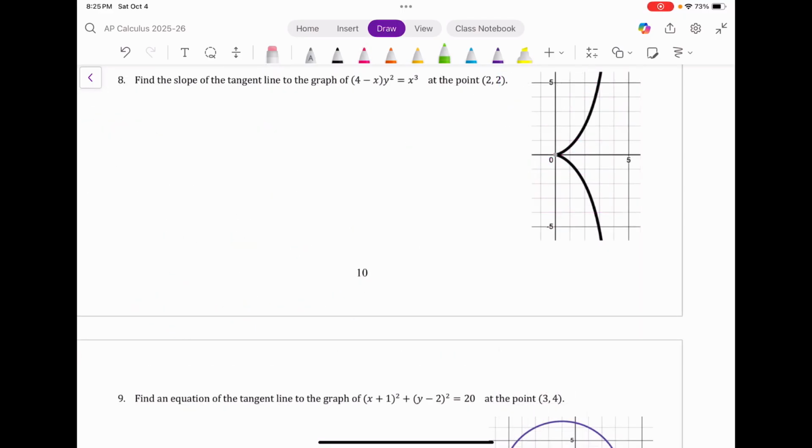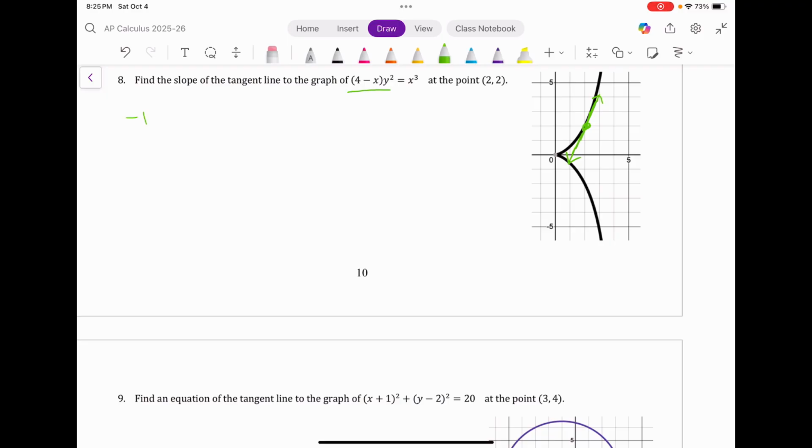All right, here we want to find the slope of the tangent line to this graph at 2, 2. Okay, so we want to find the slope of this tangent line. All right, let's take the derivative. So we're going to need to do the product rule here. What's the derivative of 4 minus x?